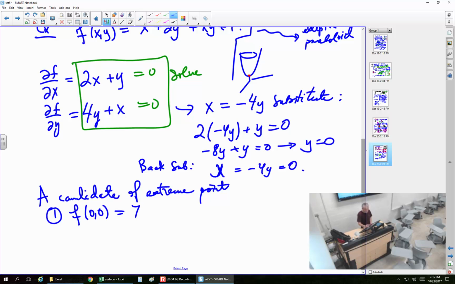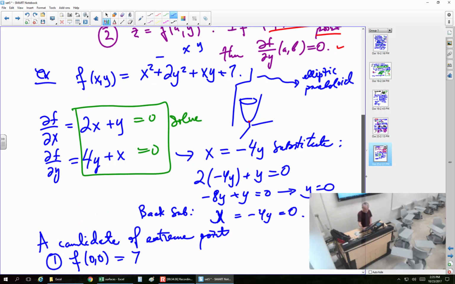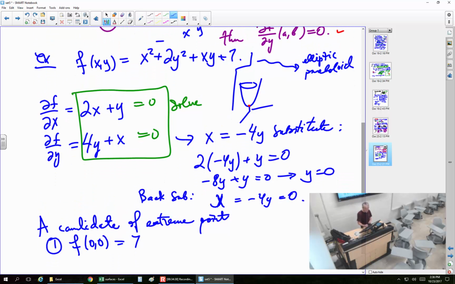I don't want to sample one at a time, so I would like to look at the limit. F of x, y, what kind of limit would be relevant here?